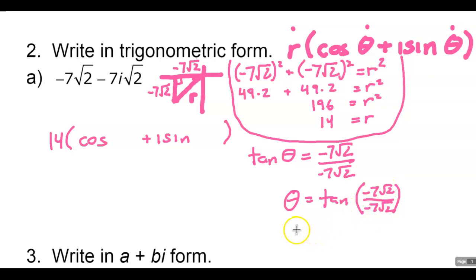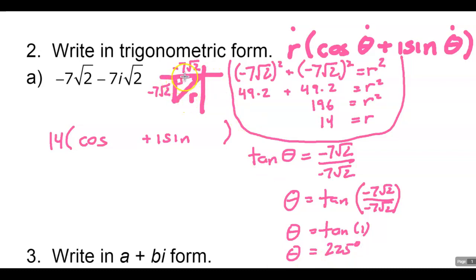So this is saying what angle has a tangent of positive 1, a slope of 1? And it's in the third quadrant, so you should be able to figure out that that's going to be 225 degrees.